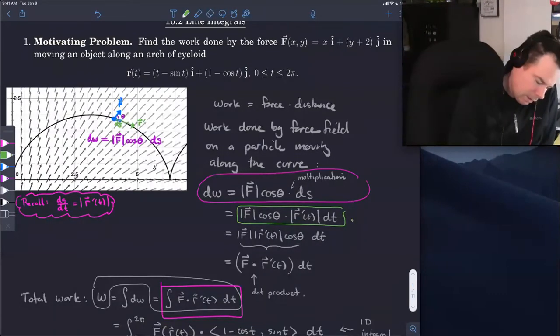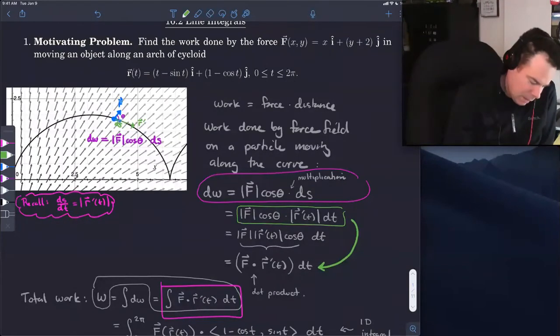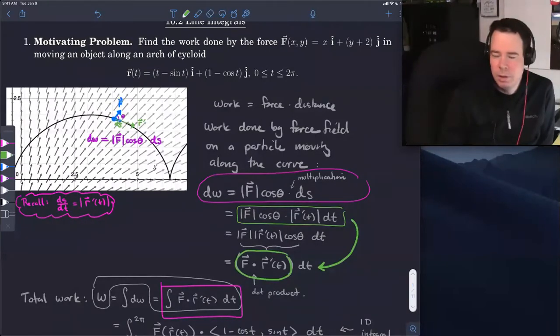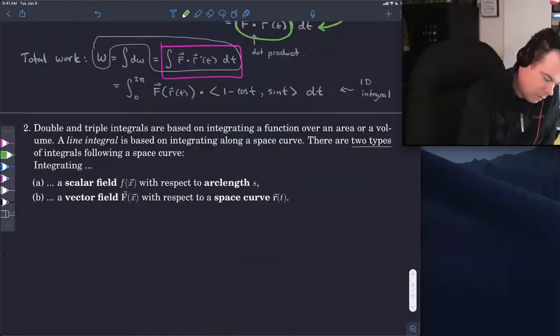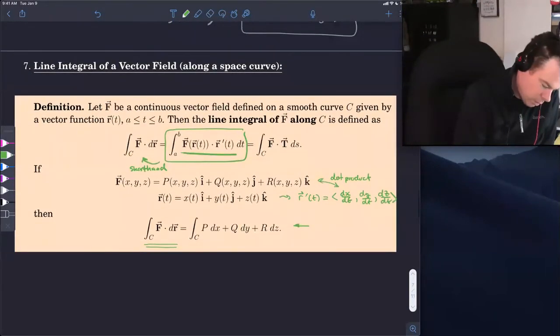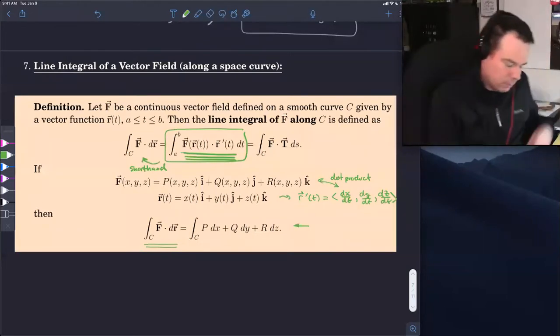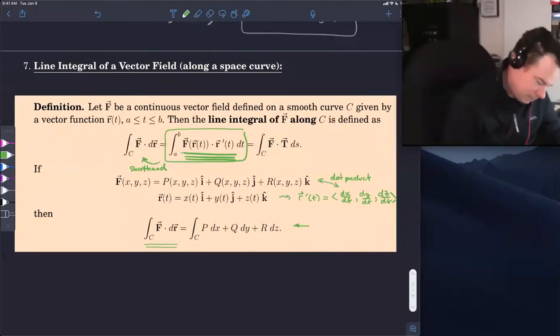But then we can unpack that and say, that's really just a dot product. So I can get rid of the magnitudes in place of a dot product. And that's our integration formula, involving a dot product now. So our integration formula involves no magnitudes. It's just a straight up dot product. And that's because we are integrating a vector field, not a scalar function. So in order to integrate a vector field, I had to use a dot product to get the projections down. Does that help? Yeah, thank you. You're welcome.